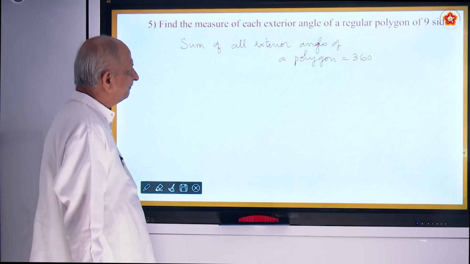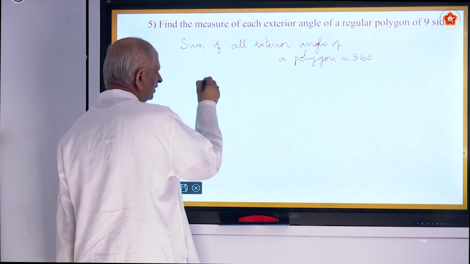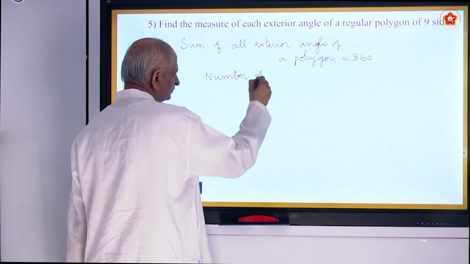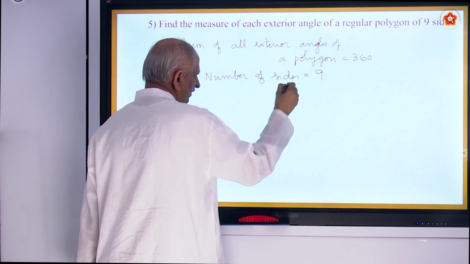In this problem, how many sides are given? So here the number of sides given is 9. That is n.